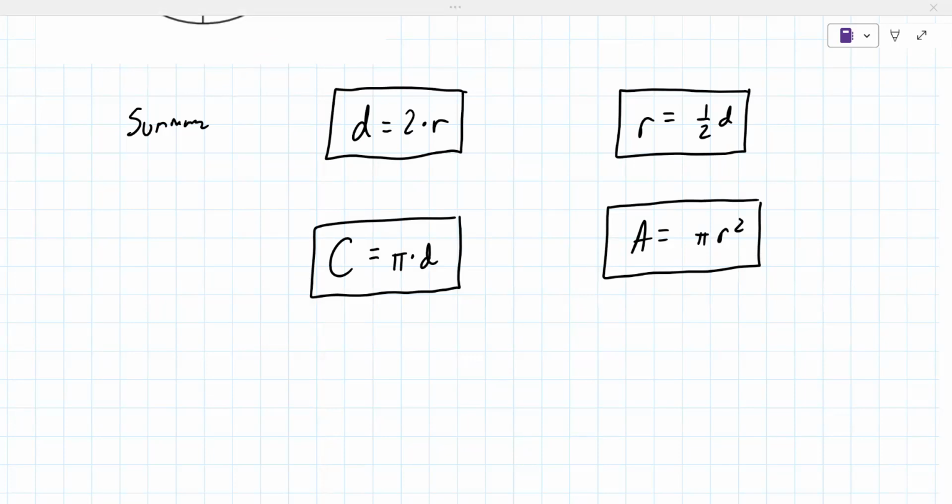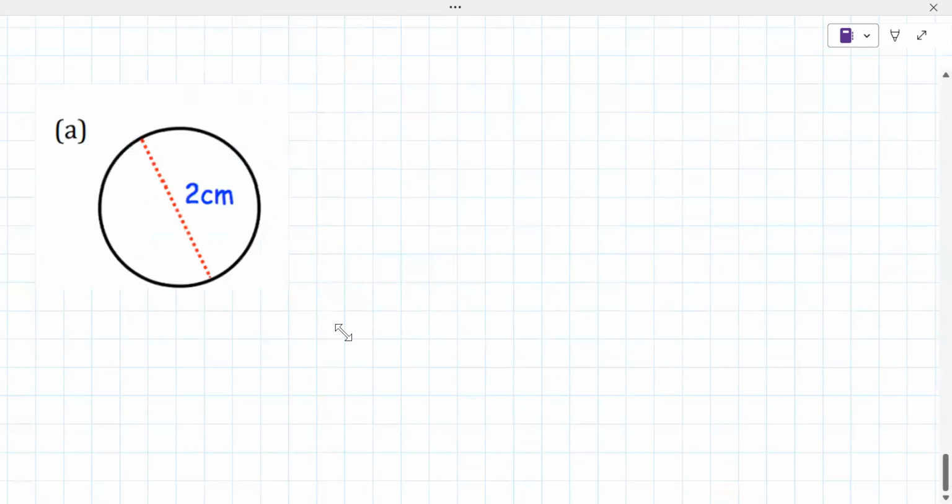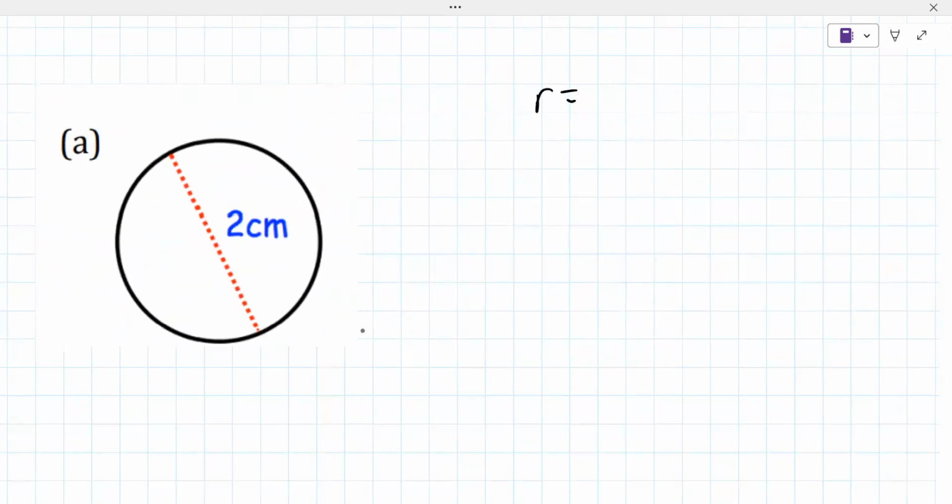Okay, so the problem I'm going to give you is a circle, and we're going to find all these things: radius, diameter, circumference, and area. That's your worksheet problem, where it tells you whether you've got it down or not. All right, so here is your first problem to try. I want you to determine the radius, the diameter, the circumference, and the area.